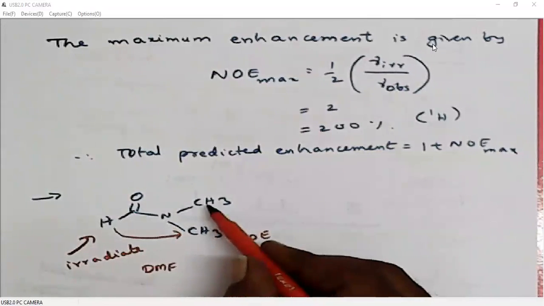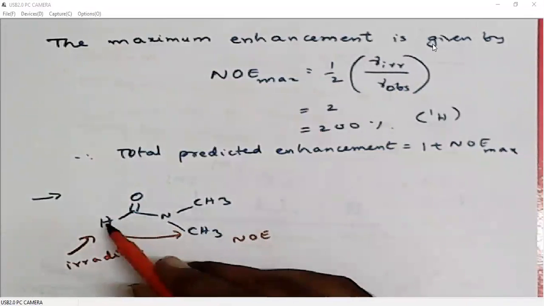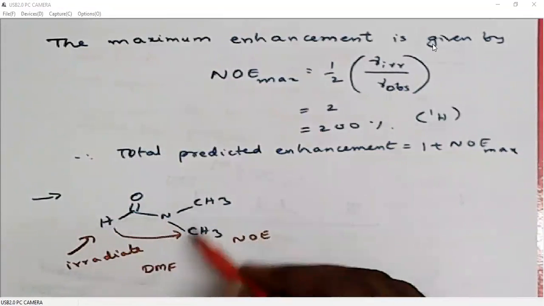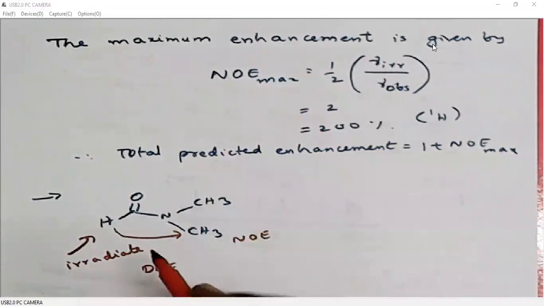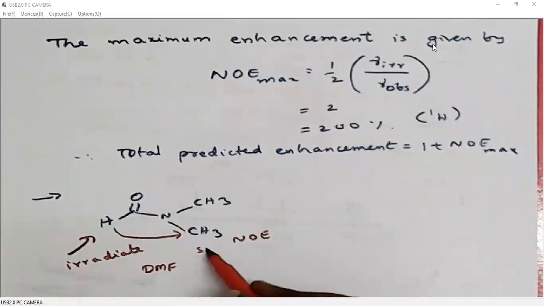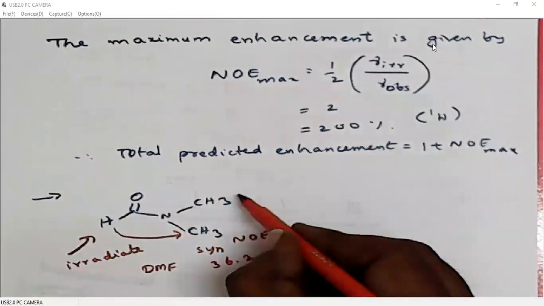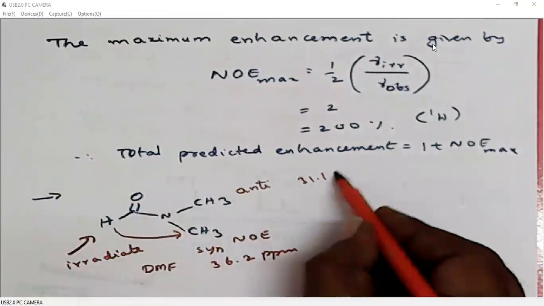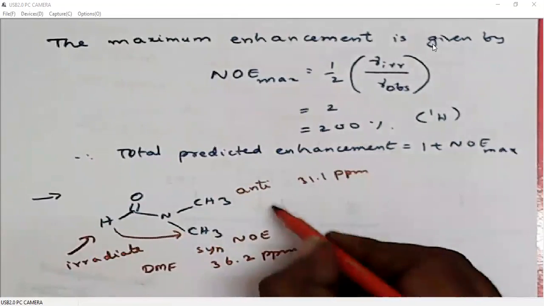In order to identify which methyl is cis to hydrogen and which methyl is trans to proton, NOE effect will be useful. Because it is syn to the proton, we expect NOE maximum. This is observed at 36.2 ppm, and this is anti, so we don't expect NOE for this.